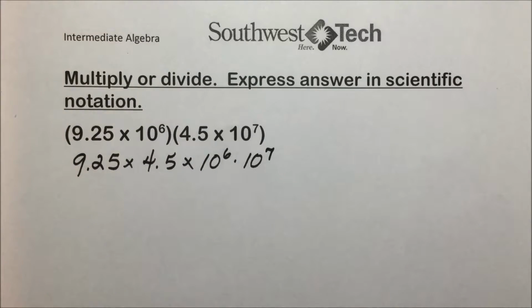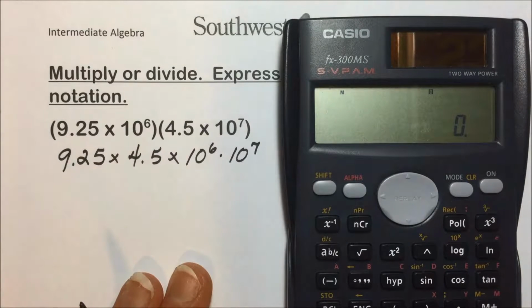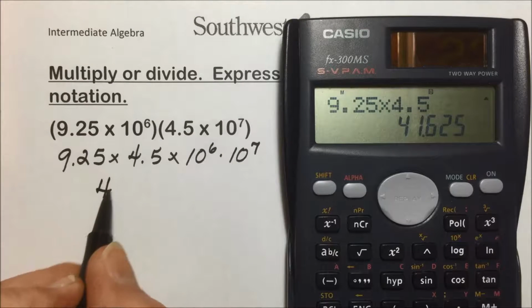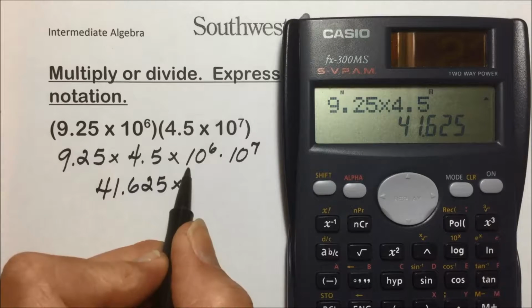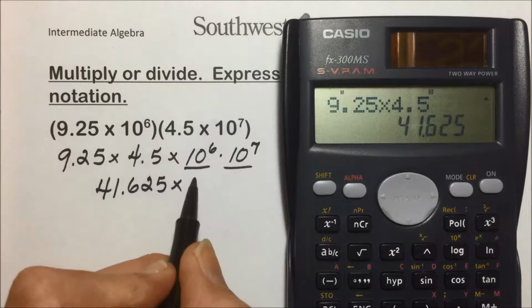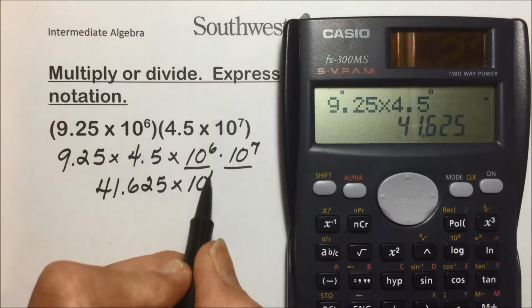You might want to grab your calculator to do the multiplication of 9.25 times 4.5, resulting in 41.625. We have common bases multiplied together. That means we can add our exponents. 6 plus 7 is 13.